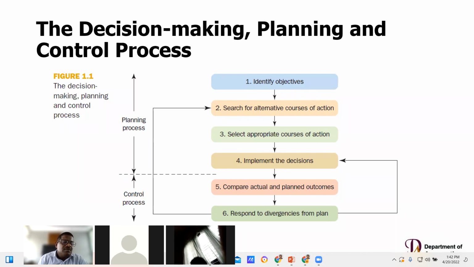Just express your thinking. That's the important point. So what I want to communicate is that once you have identified the objectives, to reach that objective, to fill that gap, to solve that problem, there are many alternatives.